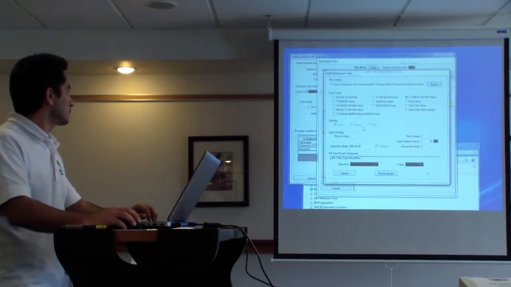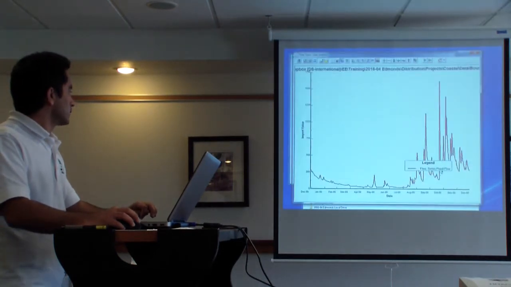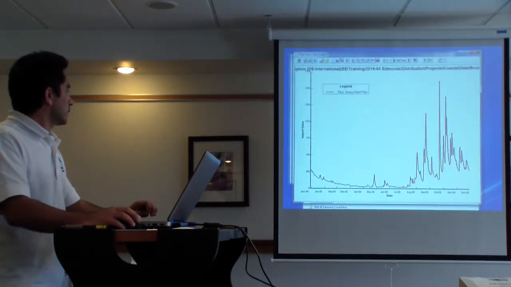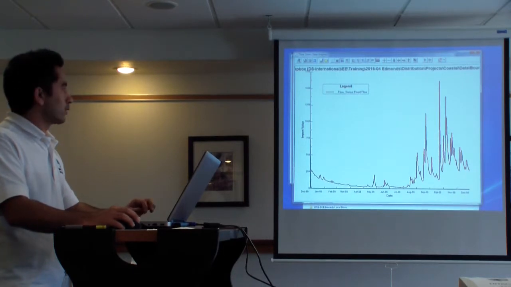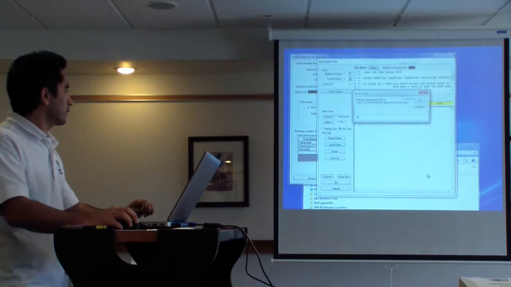Click open, and let's choose the first option, de.dat, and we can view if that series is correct by clicking on the preview/graph button. So this is our inflow condition that we're going to use in our model. Everything looks good. Let's click OK.